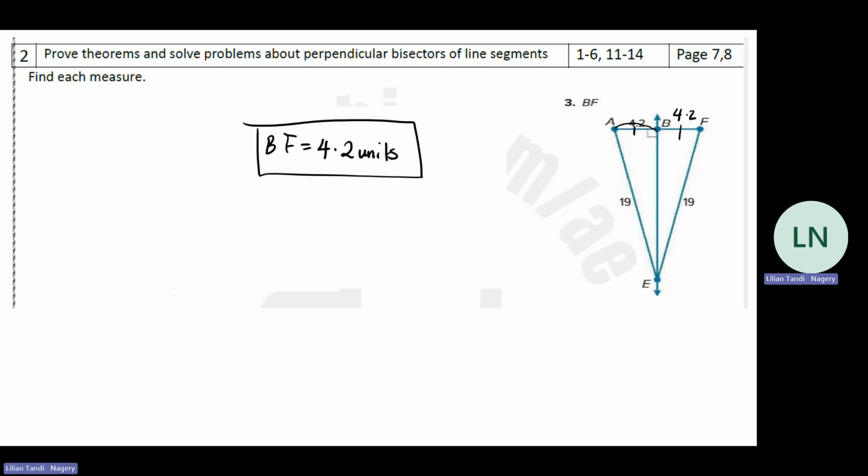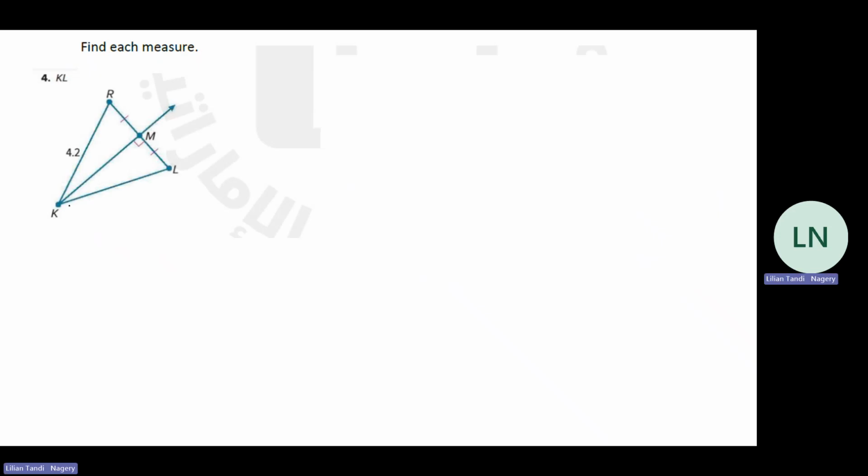All right, we move on. Same thing. Do I have perpendicular? Yes. We know that this is equal to this. So this hypotenuse has to be equal to this hypotenuse, which is 4 and 2/10. So we are going to write here KL is equal to 4 and 2/10 units. And we box our answer.